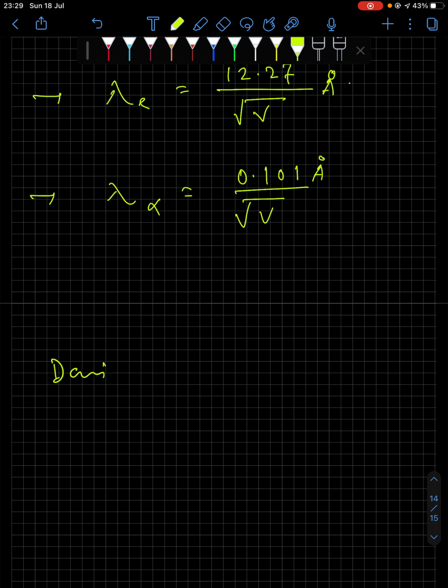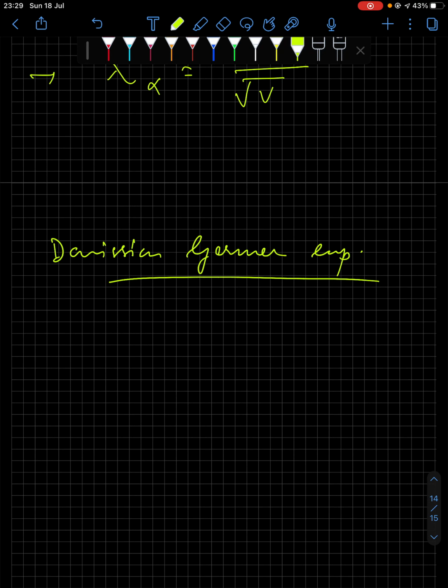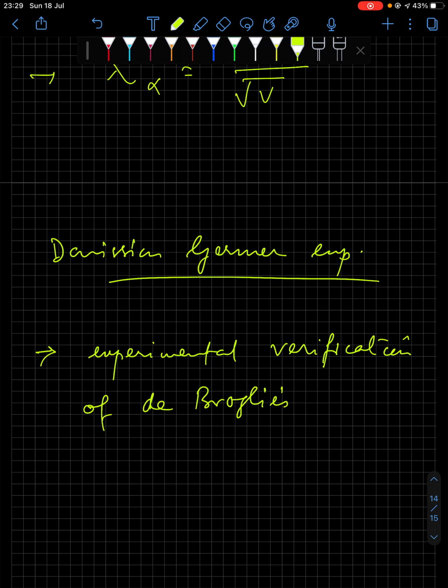Okay, finally we have the Davisson-Germer experiment. The experiment has been taken off, actually; only qualitative discussions are to be talked about. So this is an experimental verification of de Broglie's hypothesis.